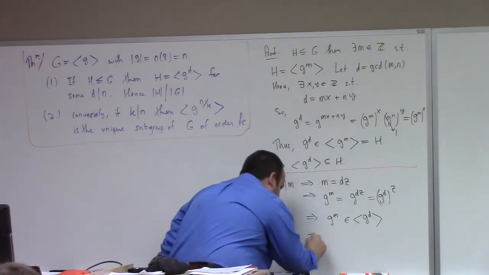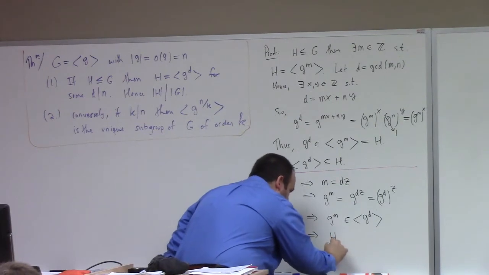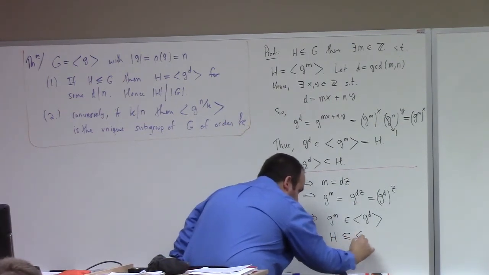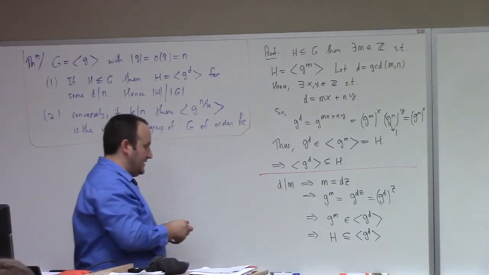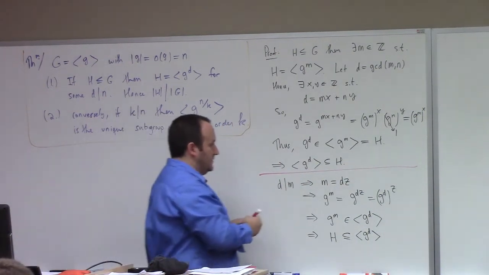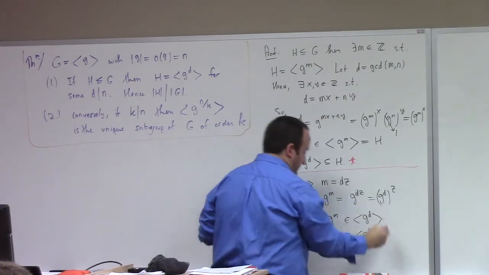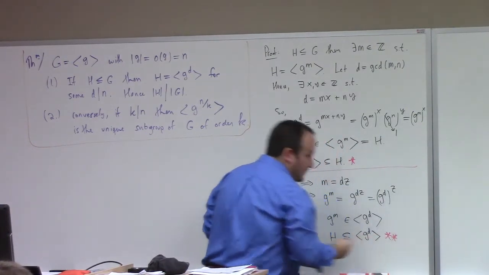So this implies that H is a subset of the cyclic subgroup generated by G to the D. And so if you look at it, we have this right here, right, and this right here. So there you go.